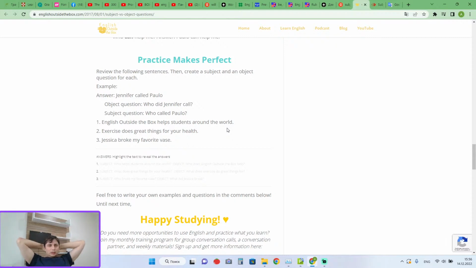What is the object? English outside the box. It's an object. What helps students around the world? What helps students around the world?